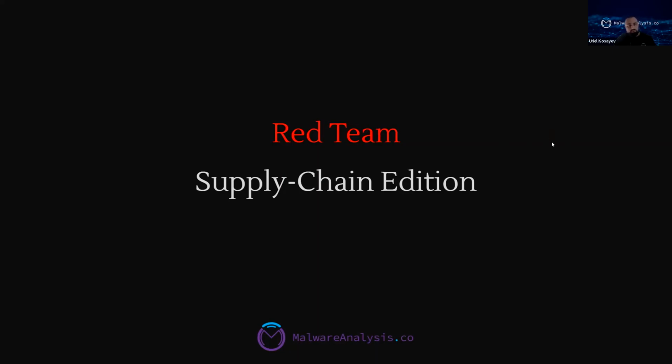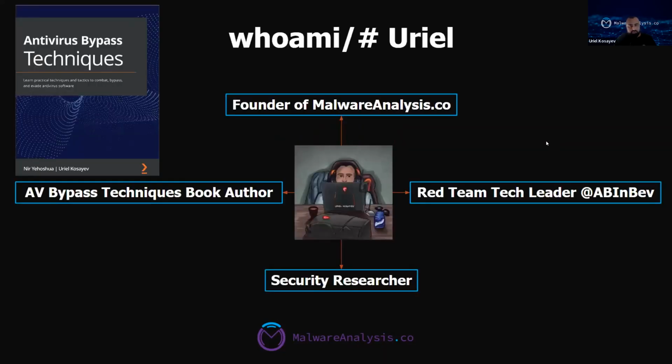Today we're going to talk about red team and supply chain. As Kobe presented, my name is Uriel Kosaev, the founder of Malware Analysis Co., a website which provides the community with malware analysis and research resources.